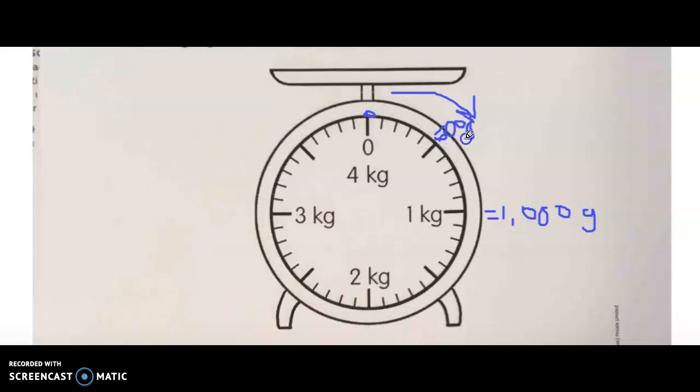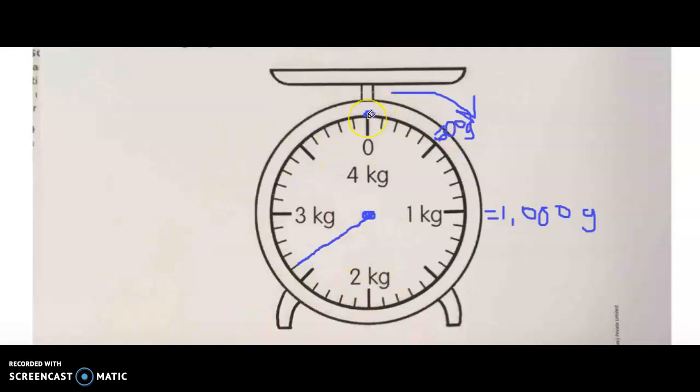500 grams, and then we have 600, 700, 800, 900, and 1,000 grams. So the biggest thing that we need to keep in mind is if it is landing somewhere over, we'll say here, we need to be thinking about this total amount.